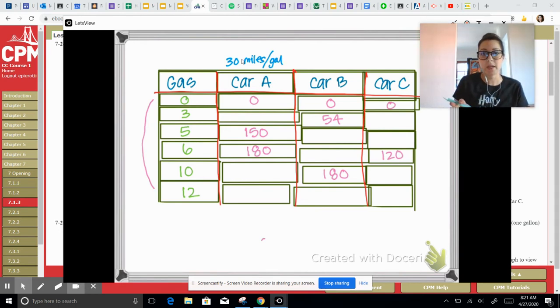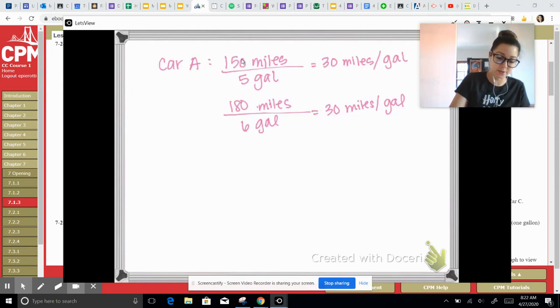Looking at car B, we have an example of 54 miles in 3 gallons, and then 180 miles in 10 gallons. So actually the 180 is going to be easier to look at because we can just divide them both by 10 to simplify.